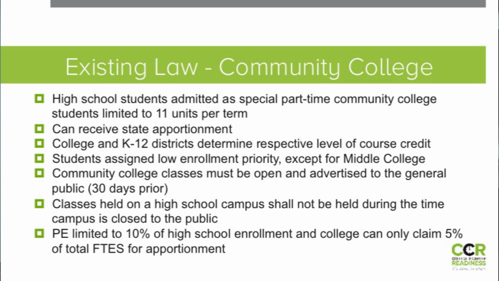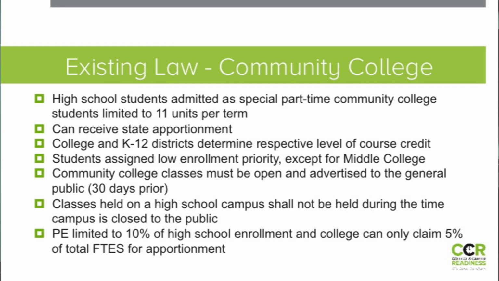But as we all know, not all high school students are able to navigate that process. Many of them lack the grit necessary to do so. So it's really important to understand that just because a student decides they want to take a college course doesn't mean they're going to get the course that they want.